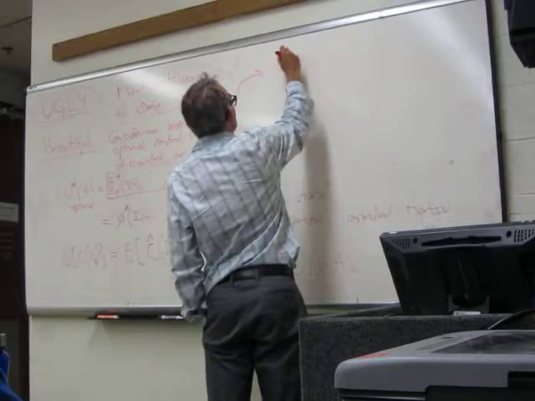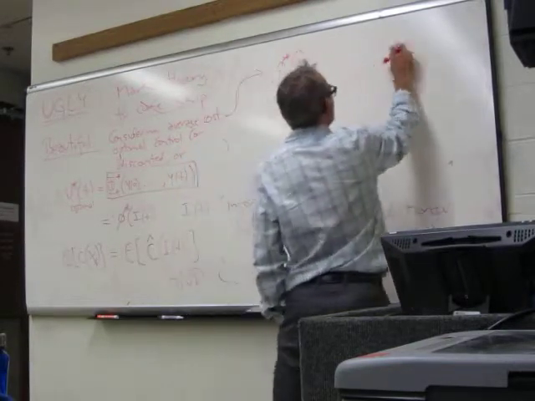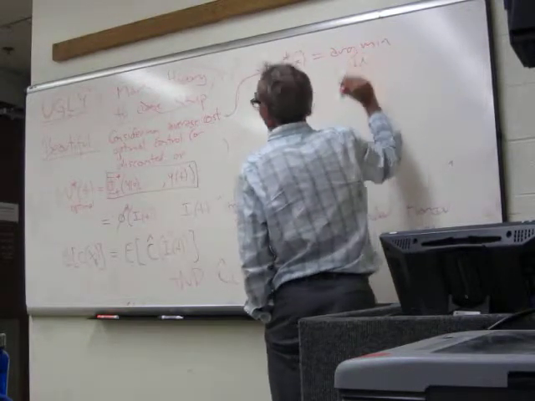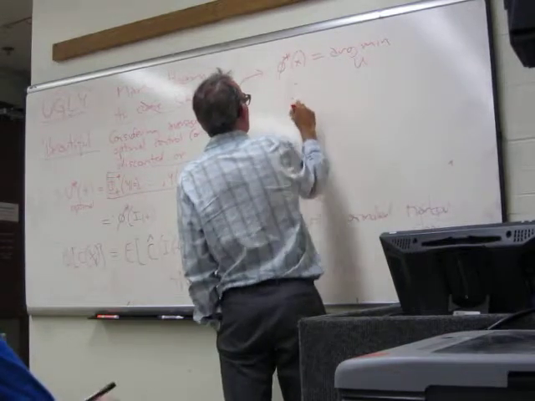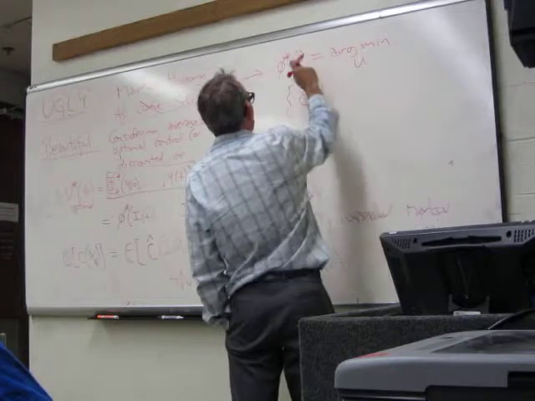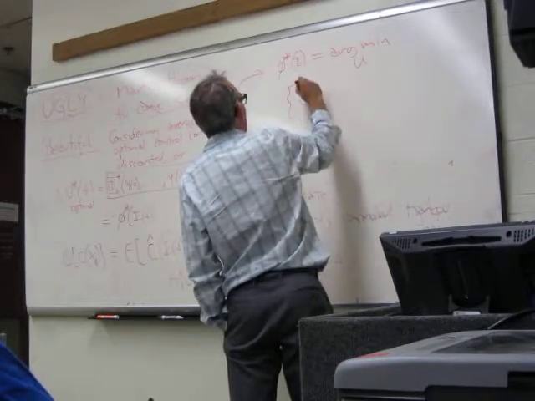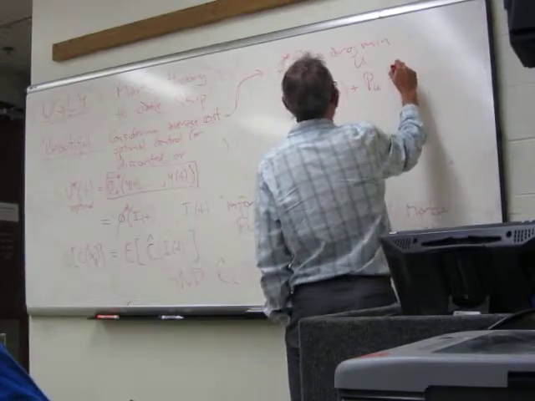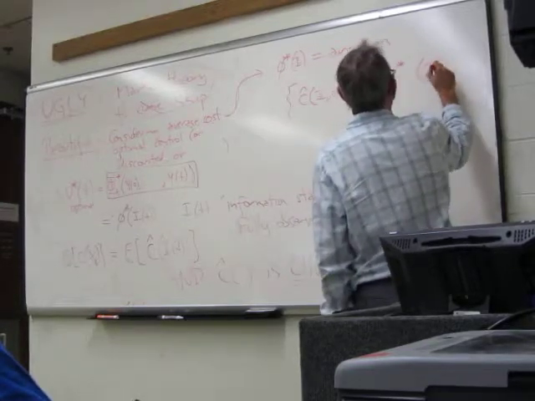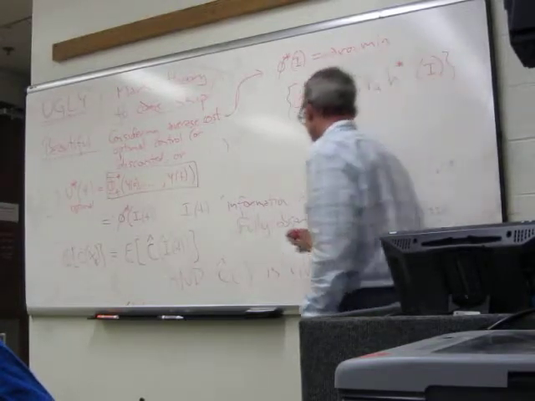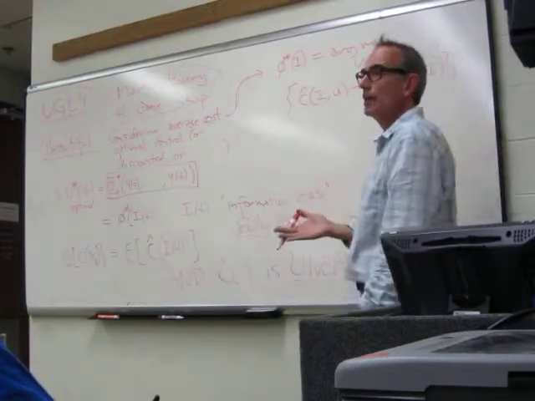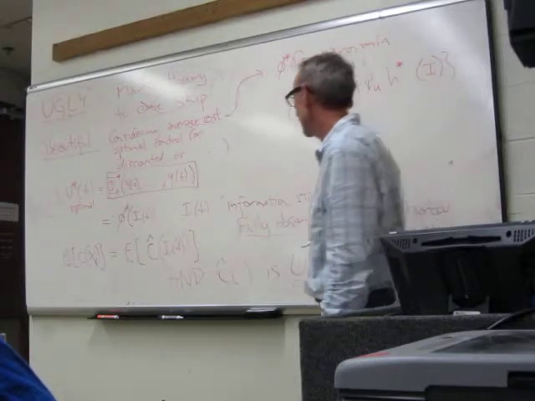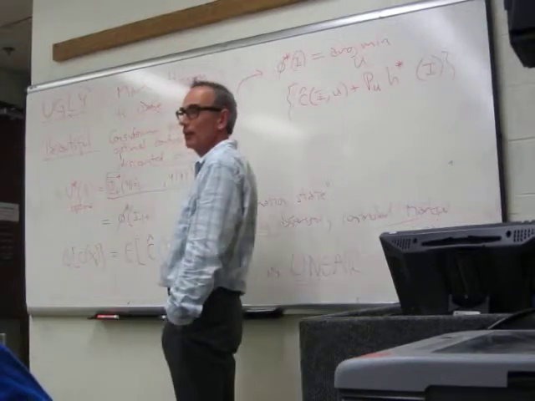Obviously, phi star of X is going to be equal to the arg min over U of, what, C of I. If I'm claiming now I've converted this problem to a problem with a fully observed Markov decision process, the cost on X can be translated to cost on I. So it's fully observed.